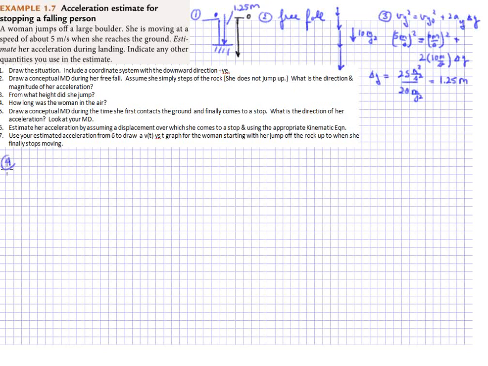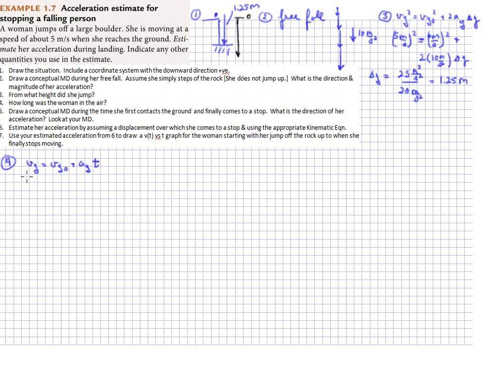Okay, number 4. How long was the woman in the air? I know what her final velocity is. It's 5 meters per second. And so a simple way for me to solve for her flight time is to use the Vy equals Vy naught plus ay t equation.